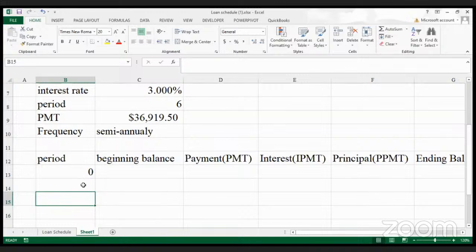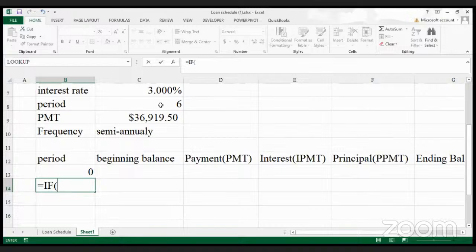Then for us to insert the function here, we'll say equal to IF, if our period is greater than this first number, comma, then we will take this first number plus 1. If not, then it should give us an empty cell.